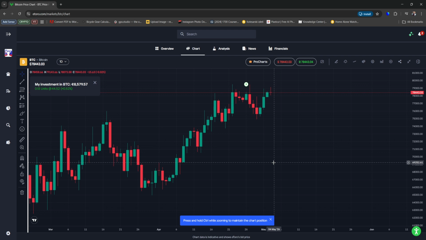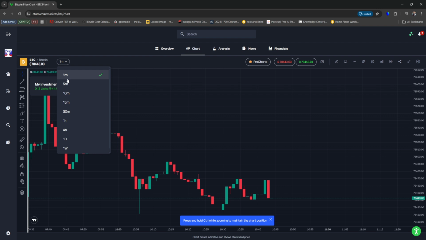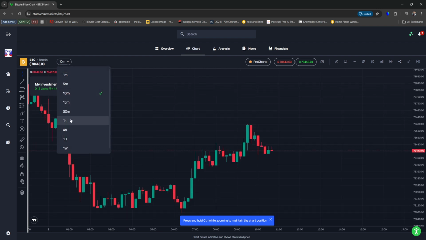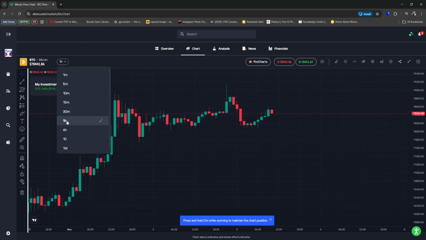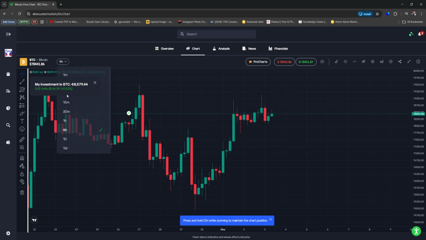Now on the top toolbar of the chart, you will see buttons like 1 day, 1 minute, 10 minutes, 1 hour, 4 hours, and let's say 1 week. Somewhere you will also see 1 month.